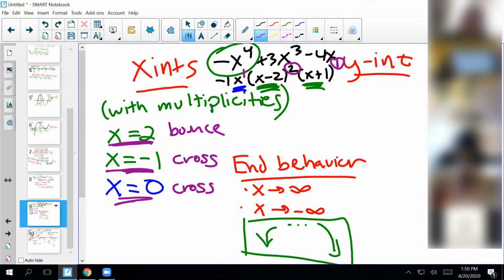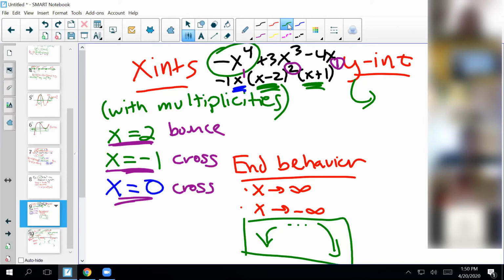Okay. This gives us all the information we need except for the y-intercept. The y-intercept is actually kind of weird on this one, for a reason I'll talk about in a second. But finding the y-intercept is actually not too bad, and we've talked about this before. What's the x value of the y-intercept?